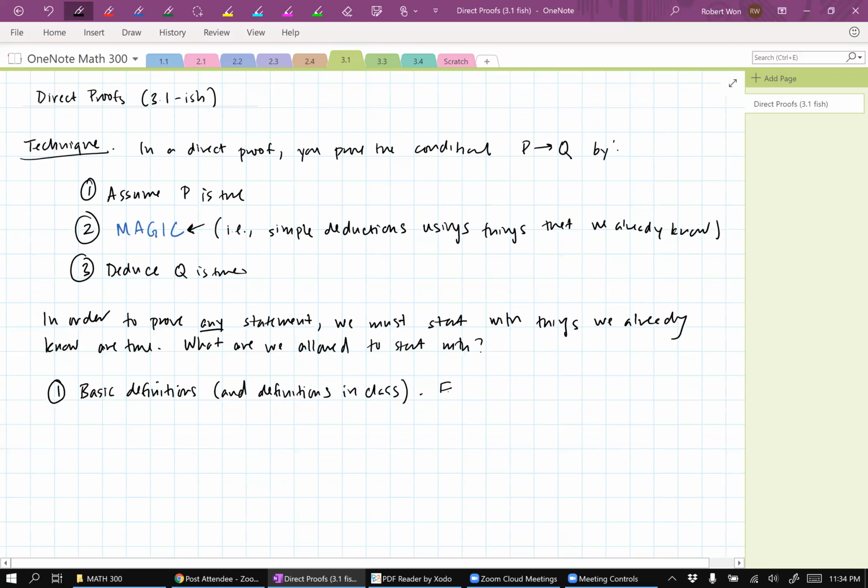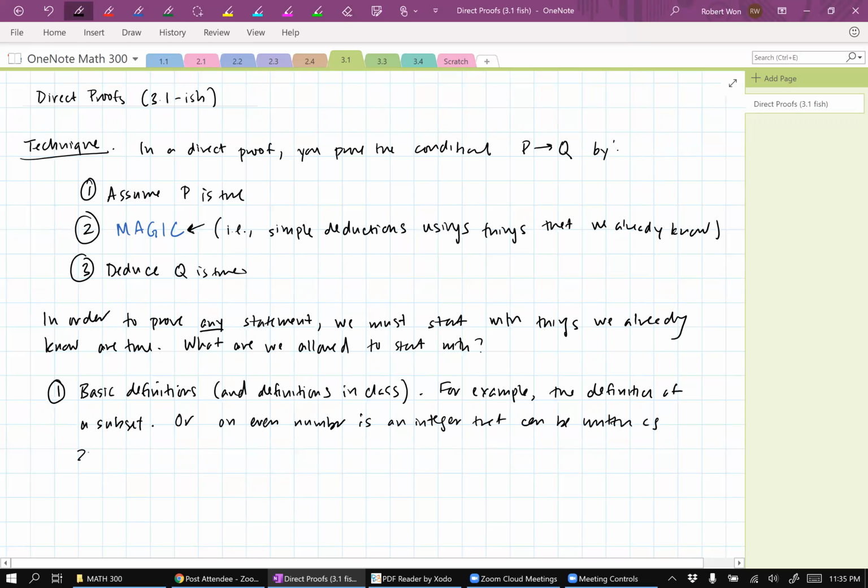So for example, the definition of a subset. Or we're allowed to say that any even number is an integer that can be written as 2 times k for some integer k.